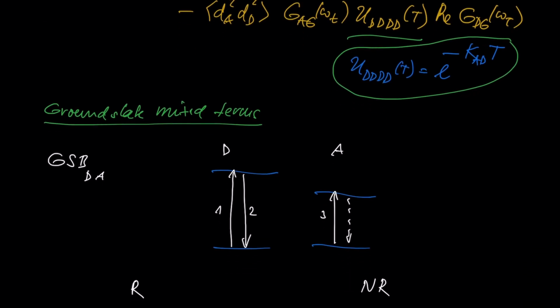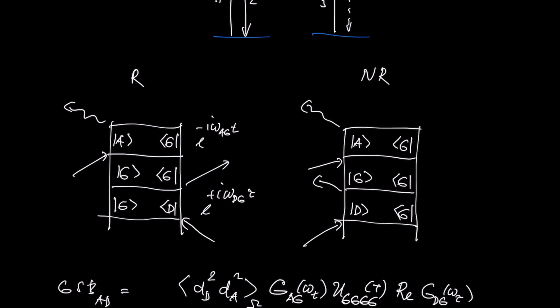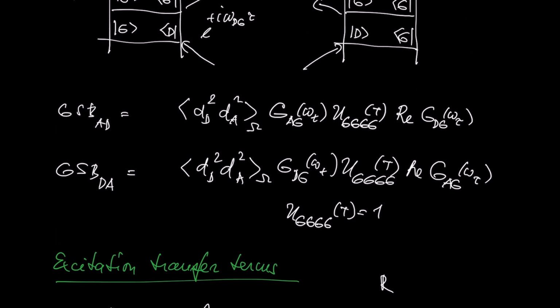All right, so the next ones were contributions that look like the ground state bleach dA. So they started on D. Actually, in our convention, because they started on D, they would have to be denoted like this. So ground state starting on D and going to A, well, has to be placed. So this is here and here.